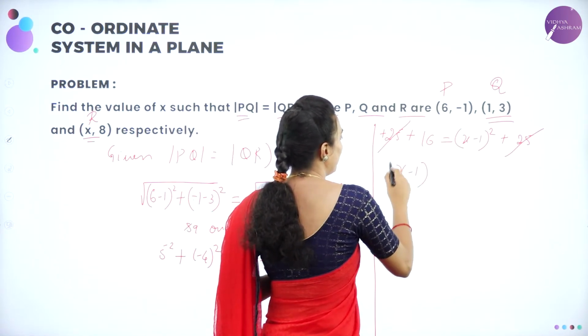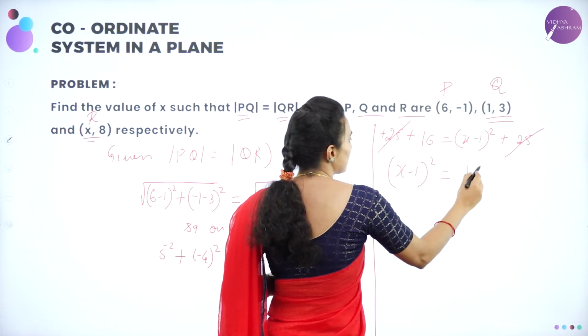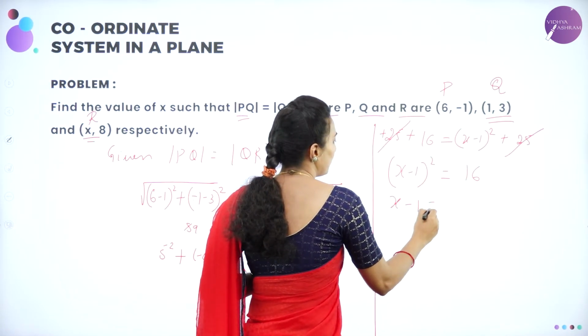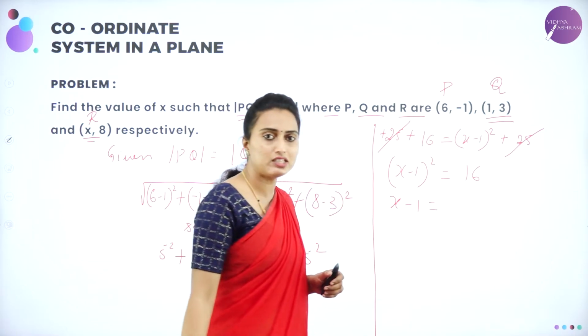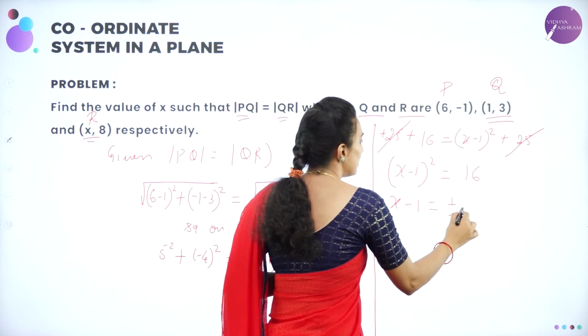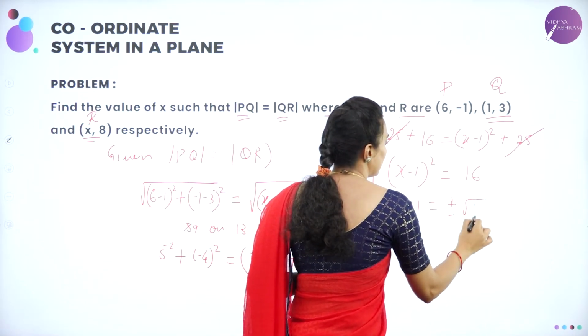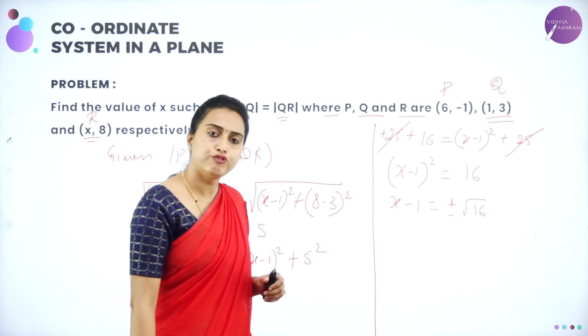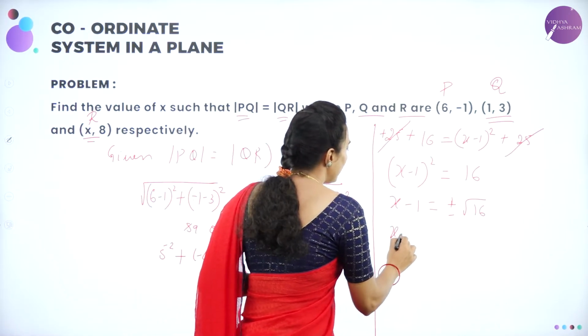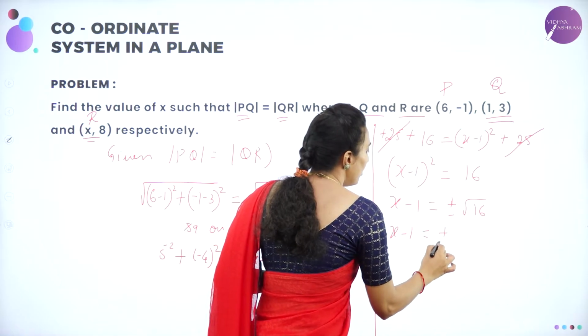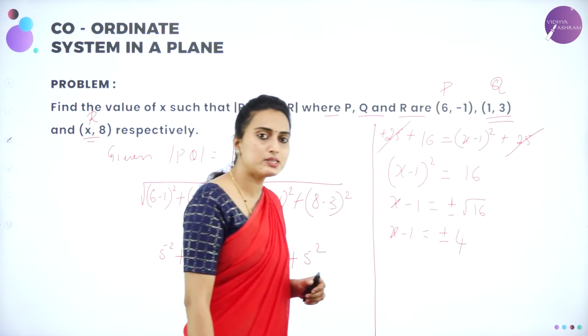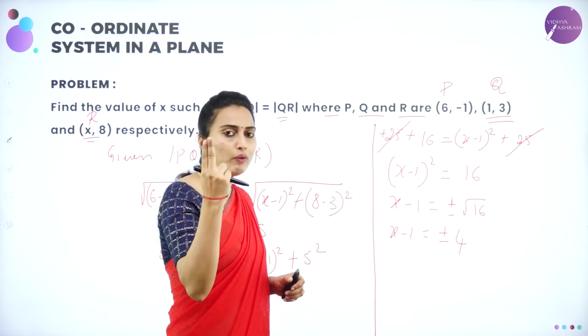X minus 1 whole squared is equal to 16, or x minus 1 is equal to, passing the square root, plus or minus square root of 16. Correct? What is the square root of 16? 4. So therefore x minus 1 will be equal to plus 4, another one is minus 4. So there will be two values of x.